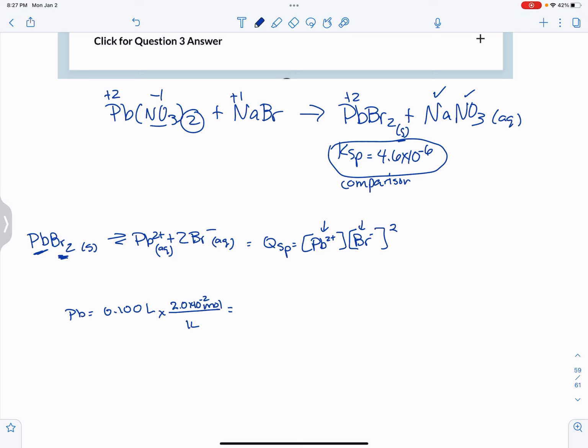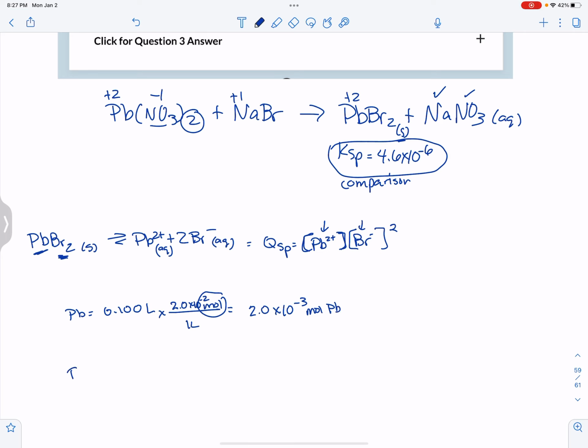That's going to give me moles of that number. Now note, that's a bracket, so I still do have to get those in molarity. Just hang on 1 second. When I multiply that, that's going to give me 2.0 times 10 to the minus 3 moles of Pb.